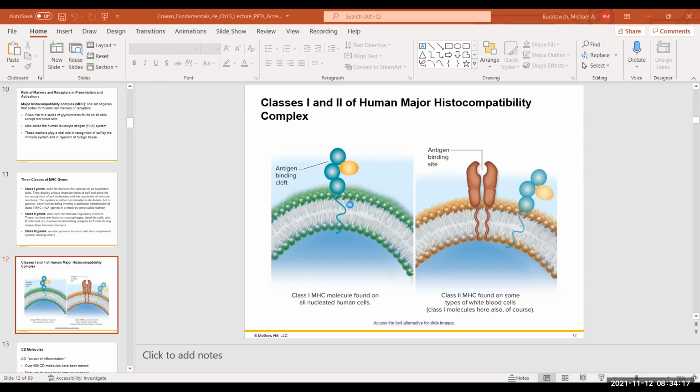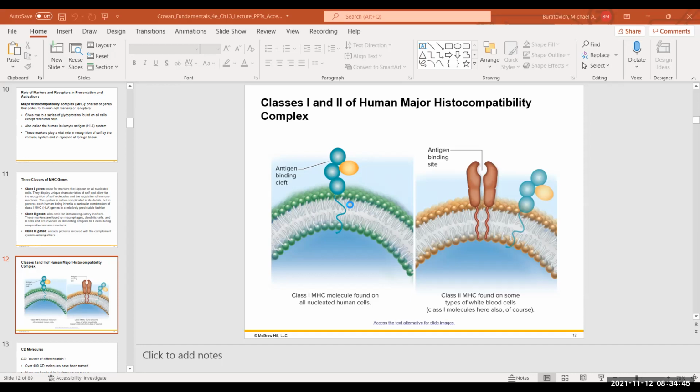Now, if you look at these three pieces of the antibody, they're all encoded by different parts of the antibody gene. So notice that the antibody is composed of two polypeptides, a heavy chain and a light chain. There's two light chains and two heavy chains, and they're linked together by disulfide bonds to make this Y-shaped structure.